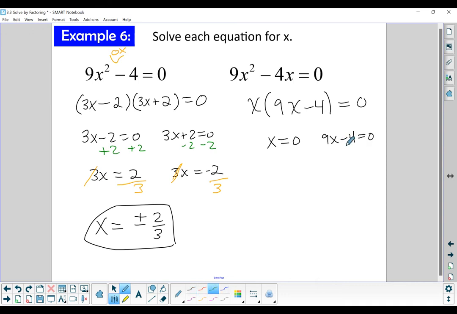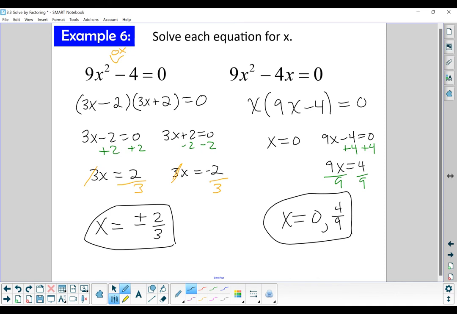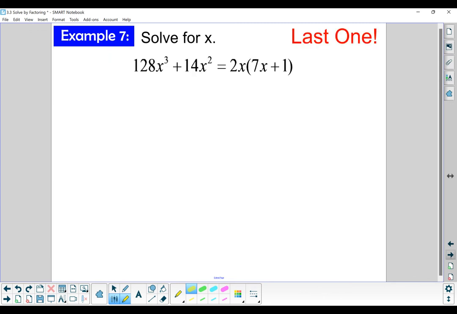The second one, we'll finish solving by adding 4 and then dividing by 9. So our two answers for this equation are 0 and 4/9. So really watch out for even just subtle differences, like whether that has an x or not can make a big difference.